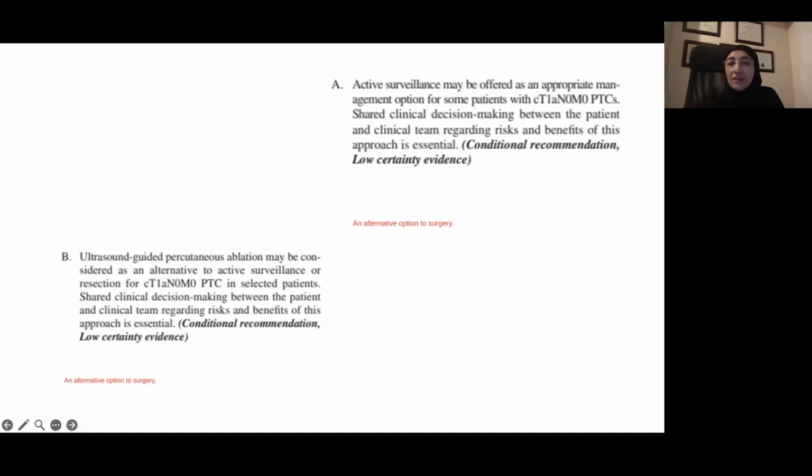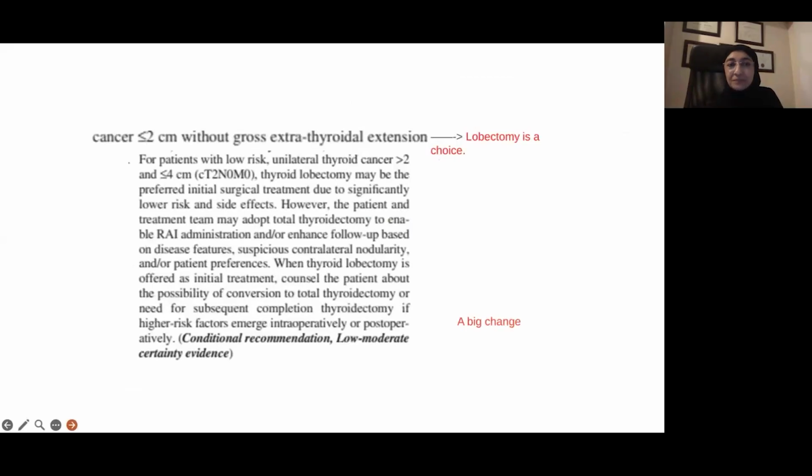And for T1A, you do not have to go and perform surgery. You can do either of two things, an active surveillance or an ultrasound-guided percutaneous ablation. These two options are available instead of surgery for T1A stage. For tumors up to 2 centimeters, which is T2 stage, lobectomy is a choice. Up to 2 centimeters, you can perform lobectomy.